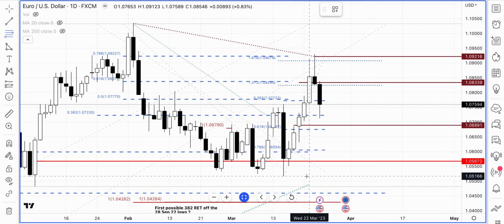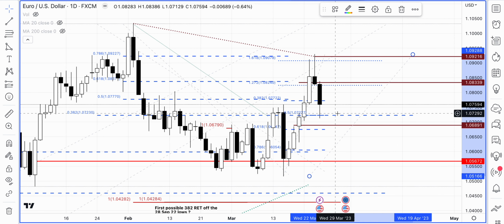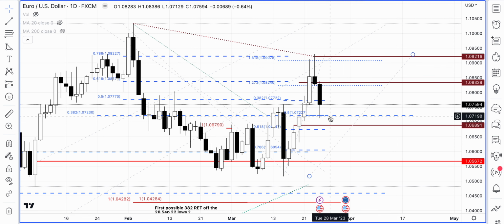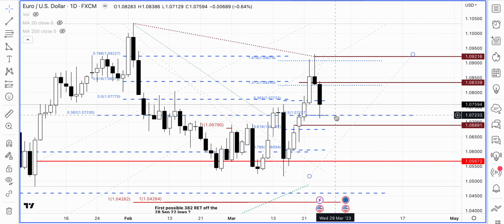So in terms of support, let's take a look at. Okay, so what the price has done is it retraced 50% of it. So from a swing perspective, it's a kind of equilibrium, or a balance.